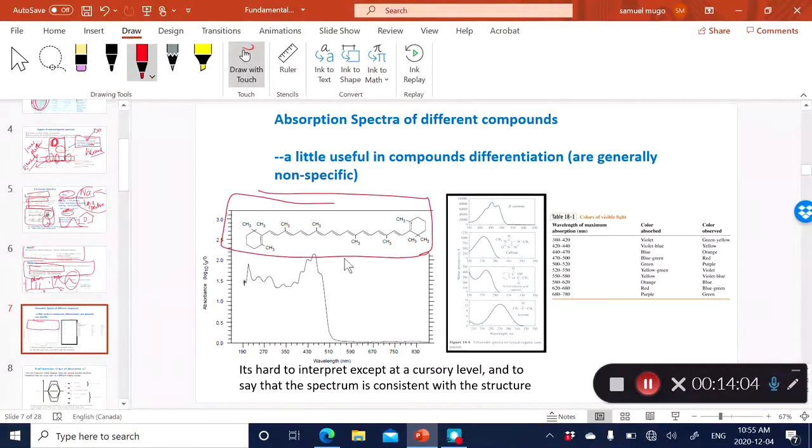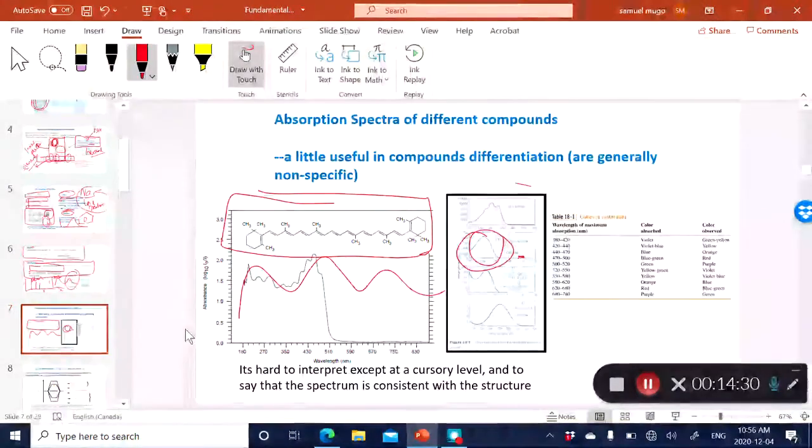And so the more complex the structure, the higher the molecular weight, the more you would get a very undefined kind of spectrum. Look at this, you've got caffeine on the other hand. You can see the kind of band that I get is not very broad and complex, because you don't have a very big molecule.